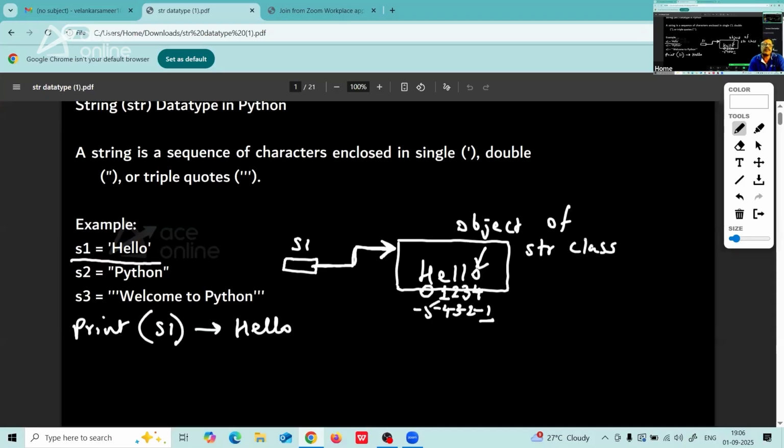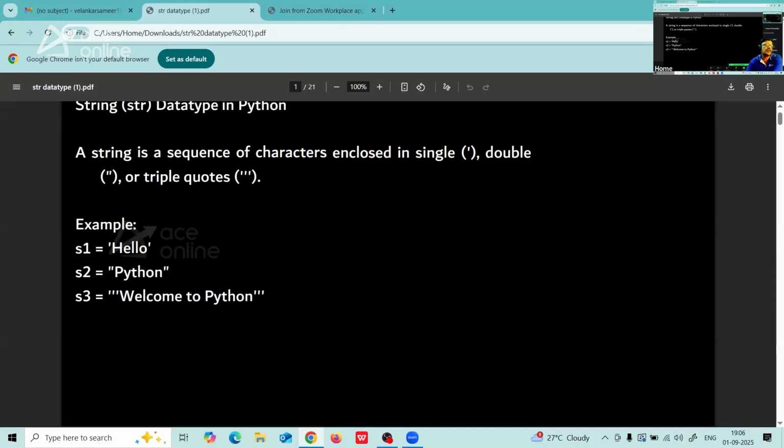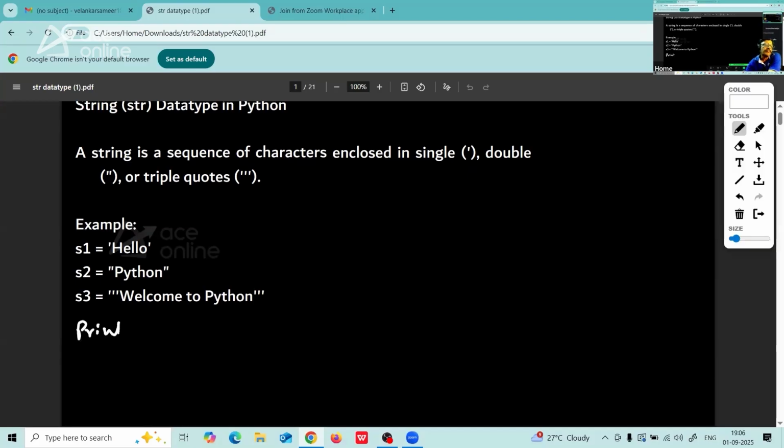What else we saw is that suppose we write print S1 square bracket 0. What will this print? This will print only H, because in S1, H is at 0th position. So you can go to an individual character by using square bracket. This is what we saw.